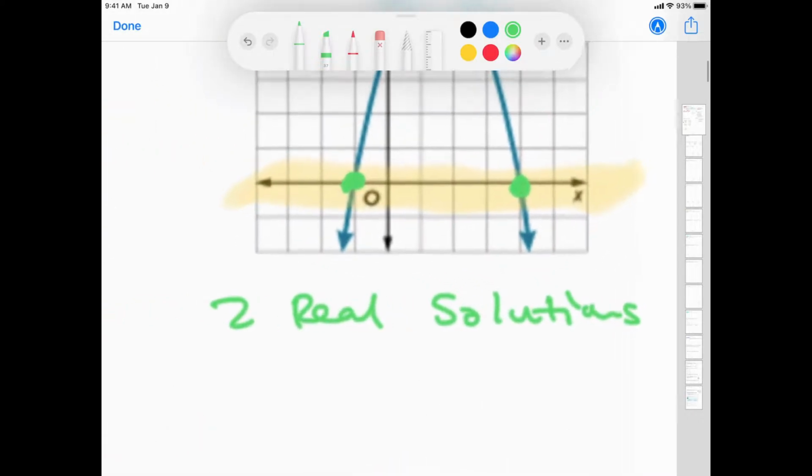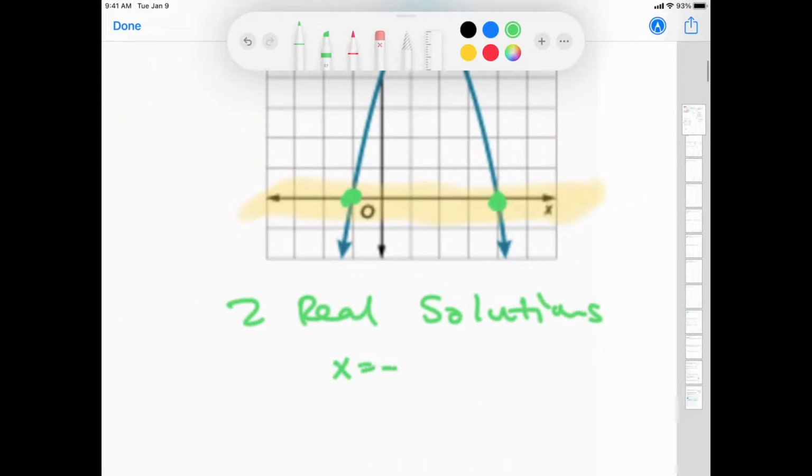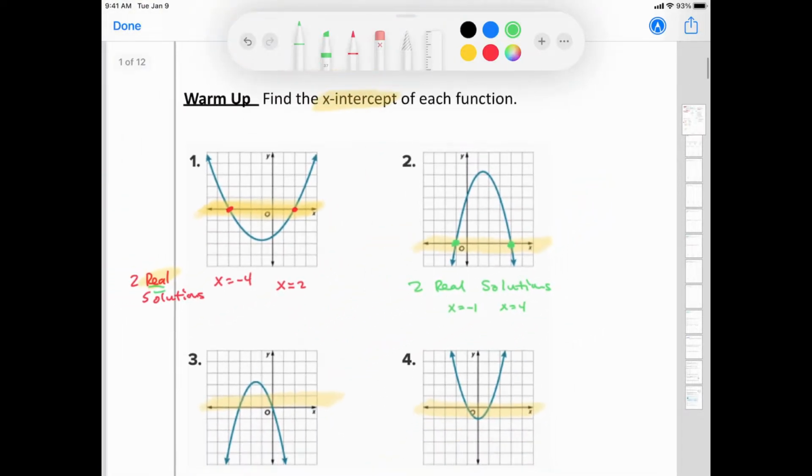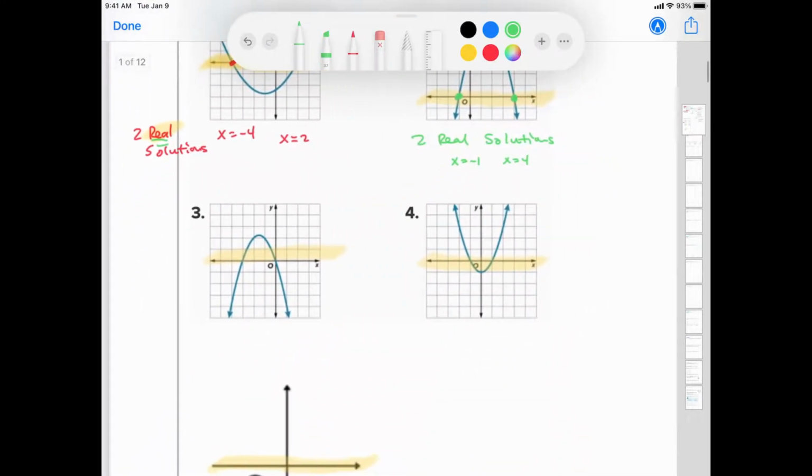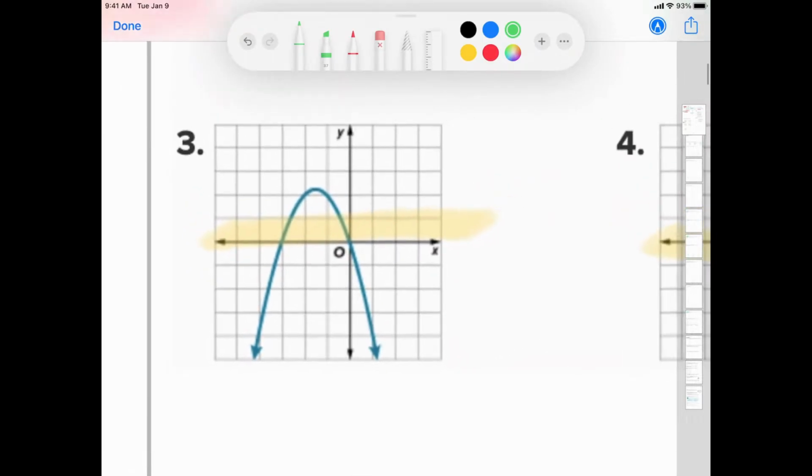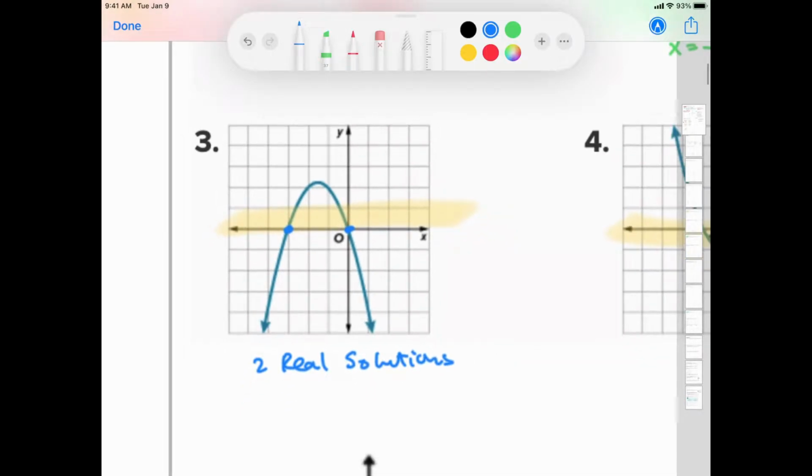Zooming in here, that would be x equals -1 and x equals +4. Same thing over here. Question number 3, it crosses the x-axis, so you have 2 real solutions. That would be x equals -3 and x equals 0.